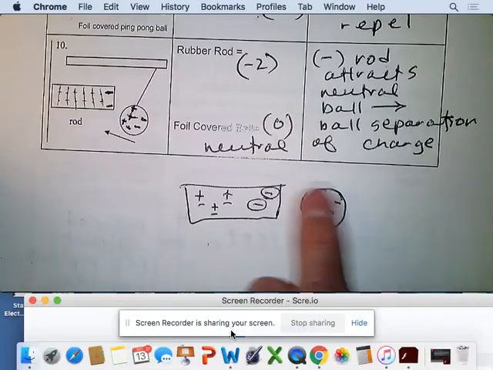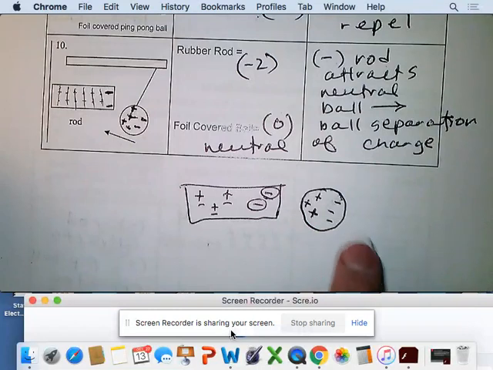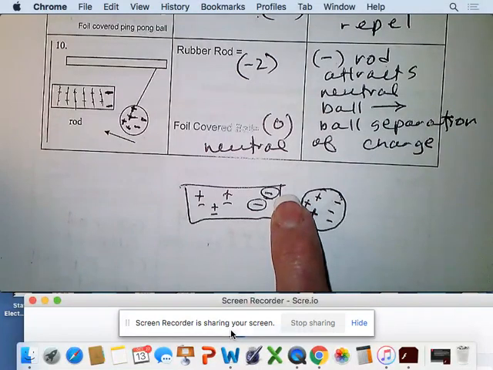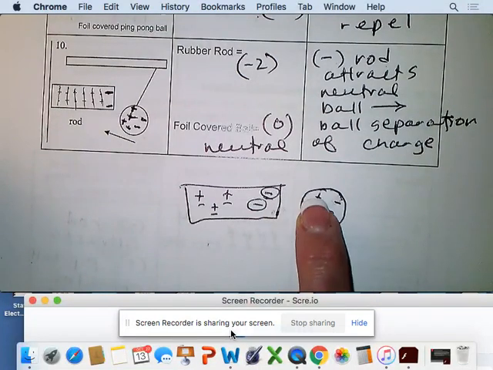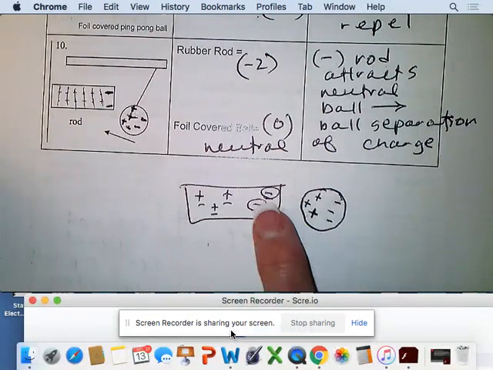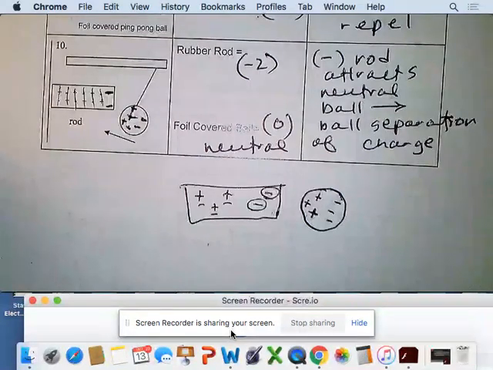So we can see that. Then what can happen is if this ball touches this rod, you can get a transfer of some of the charge. If they both become negatively charged after they attract and touch, they will then repel. Okay? And so hopefully, like I said, in the next couple of days, if our humidity breaks, we'll have an opportunity to go over that.